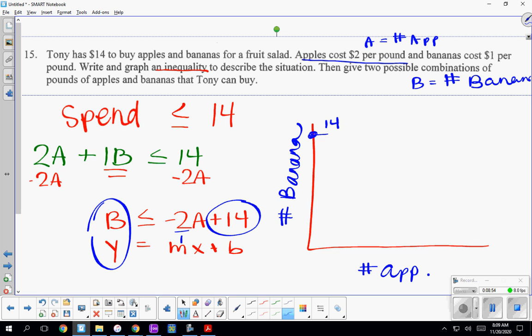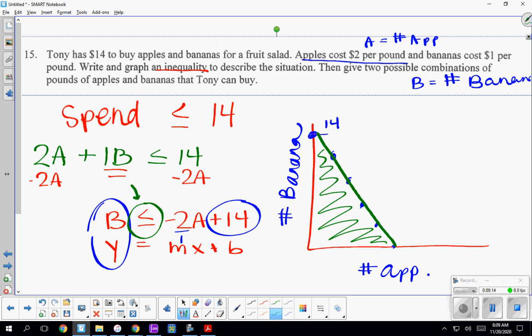I'm going to go down 2 over 1. So down 2 over 1, down 2 over 1. And you would continue. And I'm going to have a solid line. And I'm going to shade everything below because it says B is smaller. So I'm shading everything in that region.